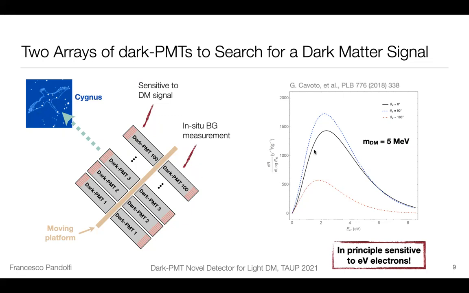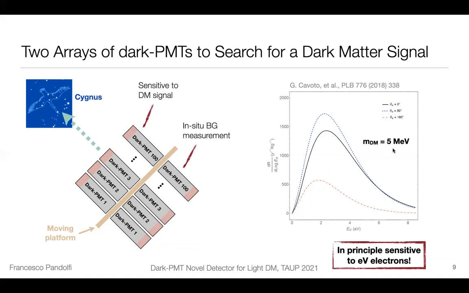You have to compare these are the emitted spectra, emitted fluxes of electrons as a function of the recoil energy, and the black is parallel to Cygnus, whereas red is anti-parallel to Cygnus. And you can see that there's a significant difference in the emitted fluxes of these two directions.